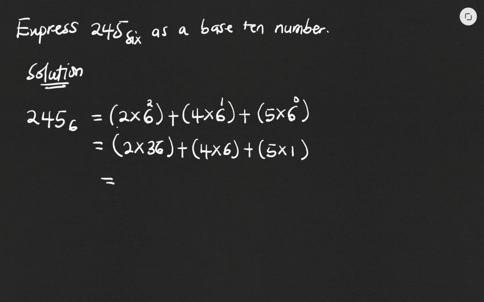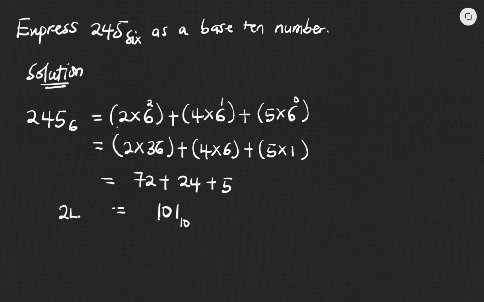So this is equal to 2 multiplied by 36 will give me 72, plus 4 multiplied by 6 will give me 24, plus 5 multiplied by 1 will give me 5. So 72 plus 24 plus 5 will give me 101 base 10 as my final answer.